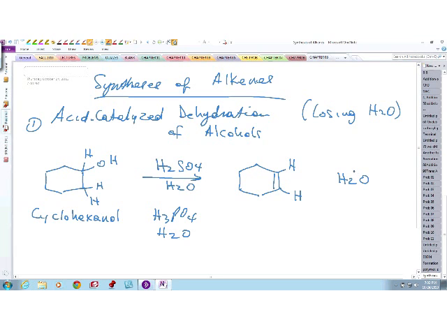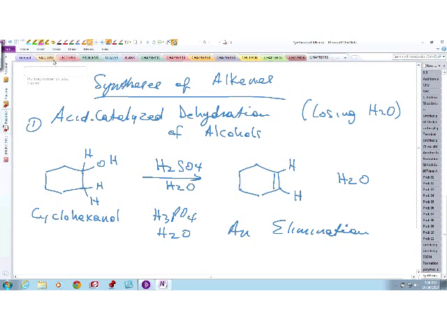Now, remember most of the reactions we've given you so far with regard to alkenes, we gave you the addition reactions, then we gave you the oxidative cleavage. Now, this type of reaction would be an elimination reaction. Remember, we gave you 4 major types of organic reactions, and the elimination reaction was one of those.